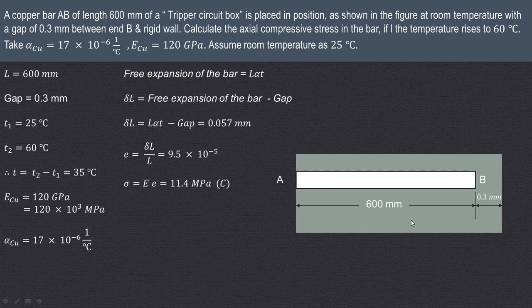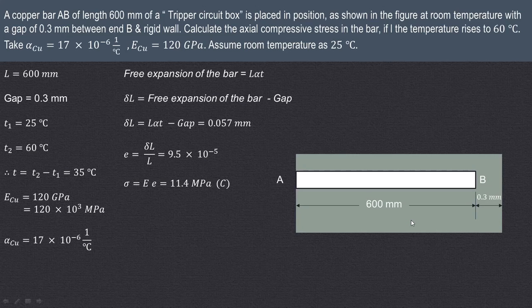Now suppose we are having a copper bar AB whose length is 600 mm and it is placed in position as shown in the figure, and it is a triple circuit box. That is the application which is mentioned, and it is at room temperature with a gap of 0.3 mm between end B and rigid wall.